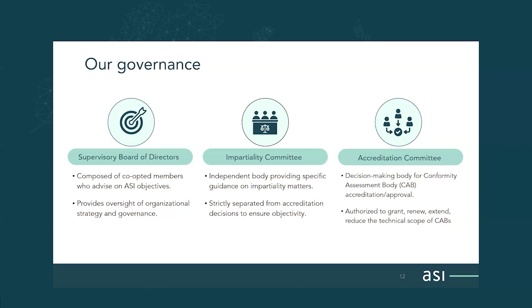If there are any risks arising in terms of impartiality, it is this committee that reviews the risks and guides us what to do, what not to do. It's not our individual assessors or managers who take decisions of accreditation for conformity assessment bodies, the CABs, but an independent committee.